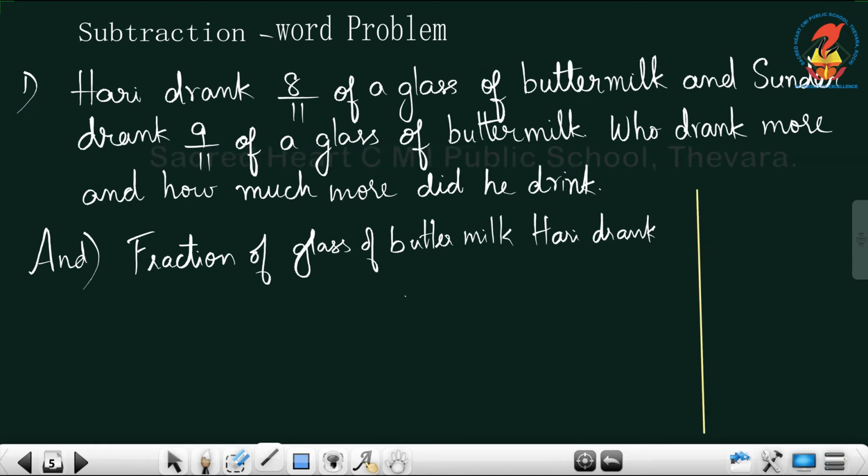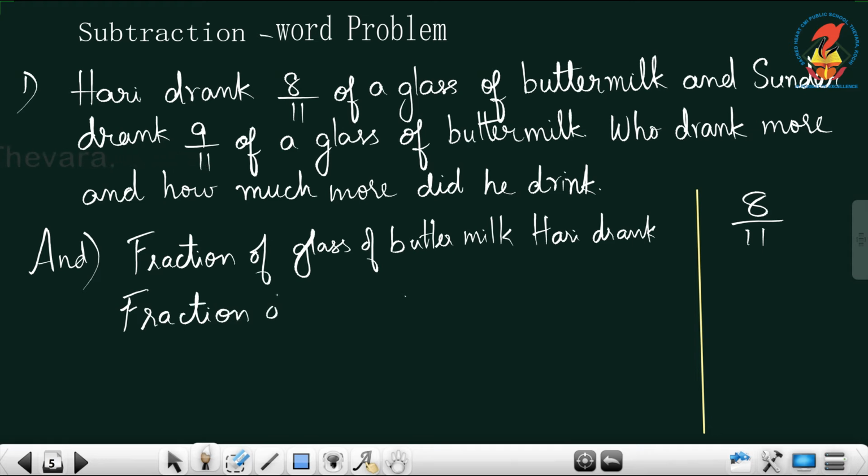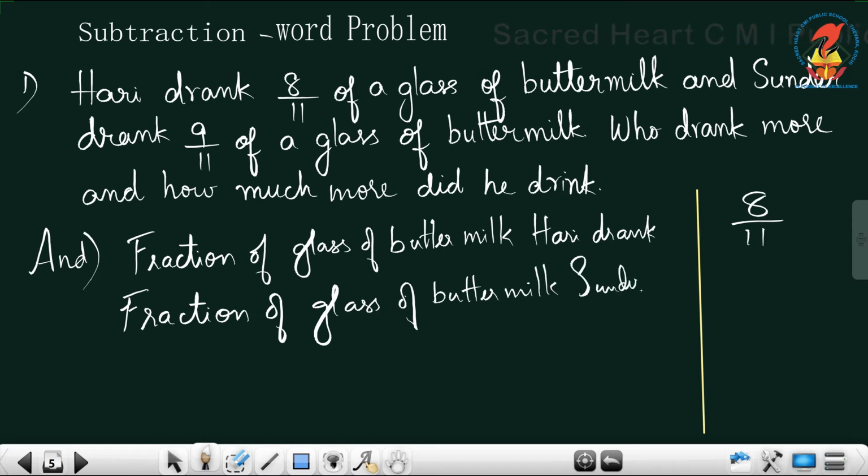It's 8 by 11. Fraction of glass of buttermilk Hari drank, it's 8 by 11. Now the next one, fraction of glass of buttermilk Sundar drank. How much? It's 9 by 11.